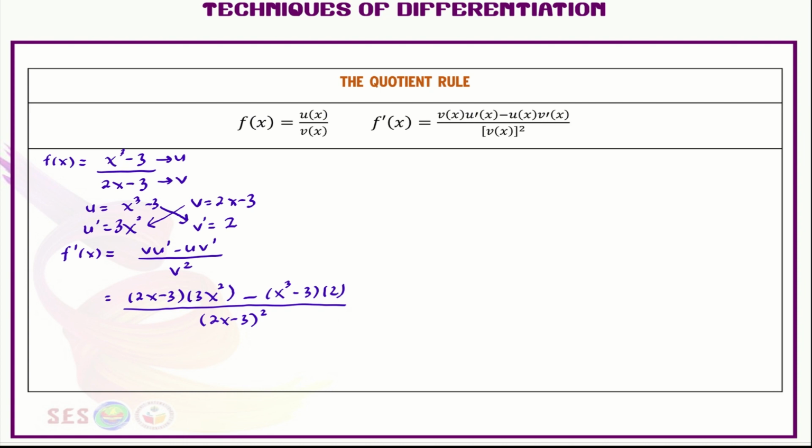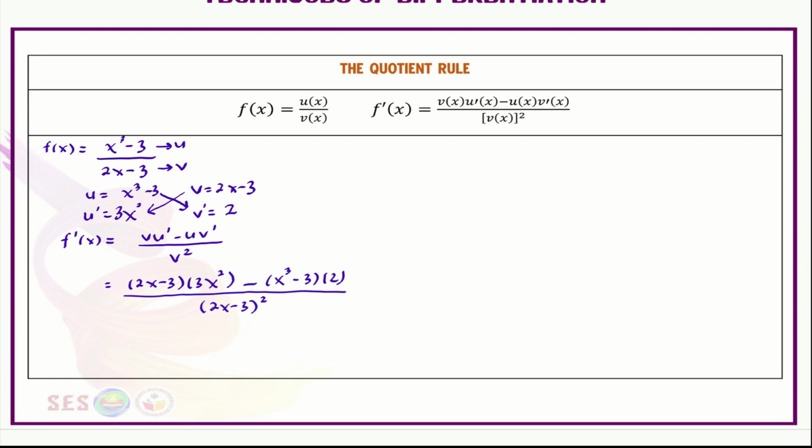Now we simplify the numerator. Let us expand this. We have 6x cubed minus 9x squared, and we also have 2x cubed minus 6, and everything is divided by (2x minus 3) squared.